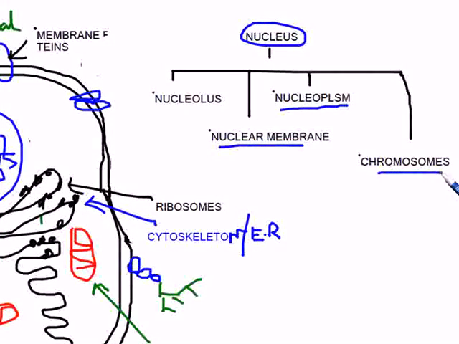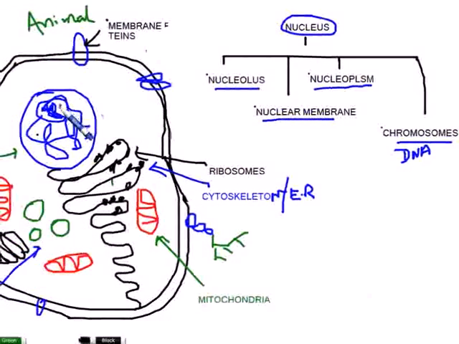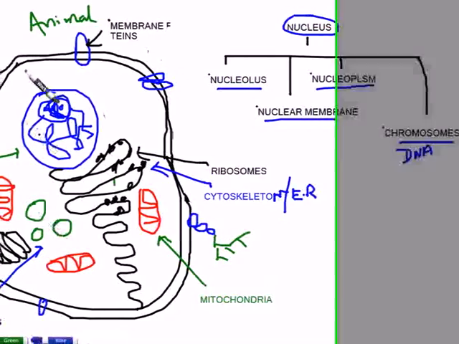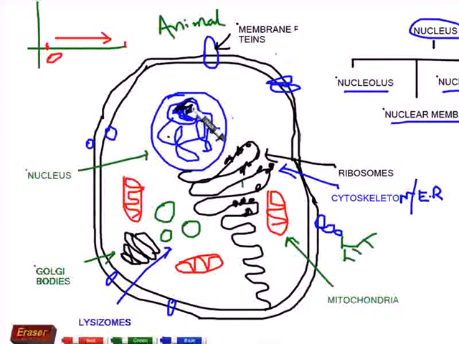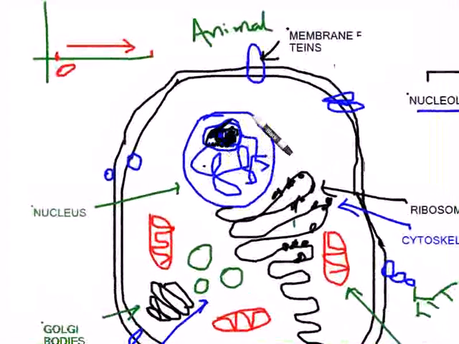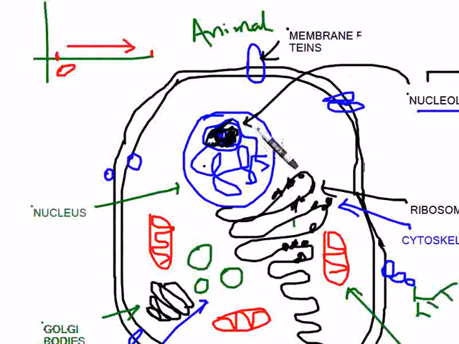It has the chromosomes where the DNA resides, and it has a nucleolus. It's a very tightly packed, dark colored patch found in the nucleus, which is commonly visible using a microscope. This is called the nucleolus. So this is a picture of a nucleolus. What the nucleolus does is the production of ribosomes.